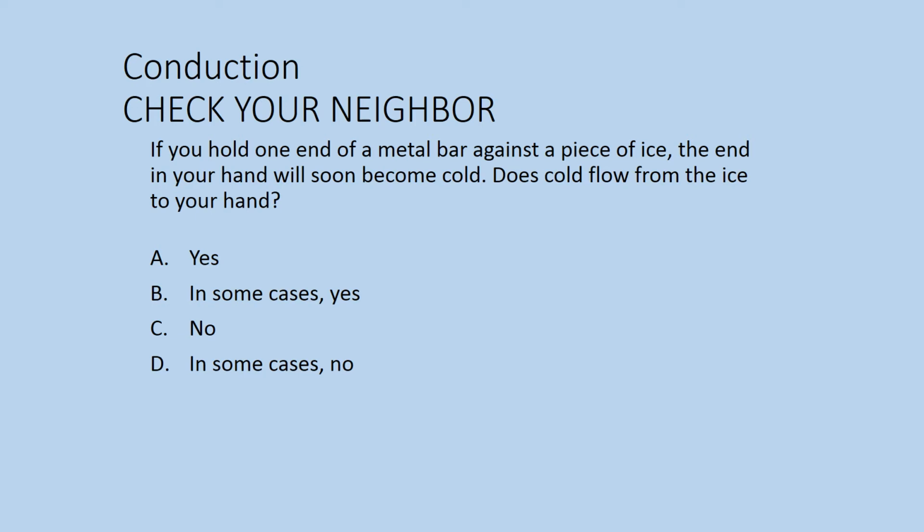So in this case, what we say is that the knife or the metal bar loses heat because it is in contact with a colder material, which in this case is ice, and therefore the electrons in the metal knife or bar are imparting their kinetic energy to the electrons in the ice.